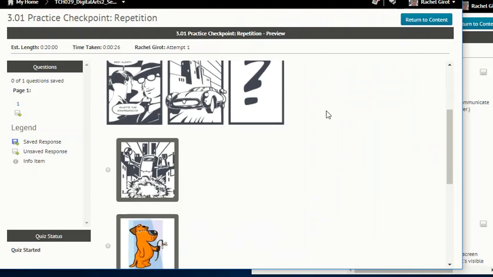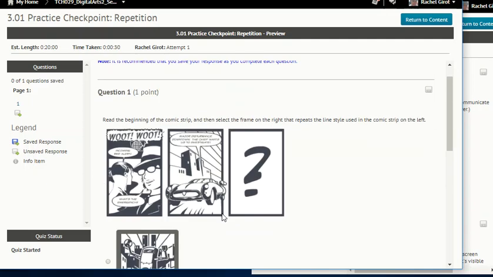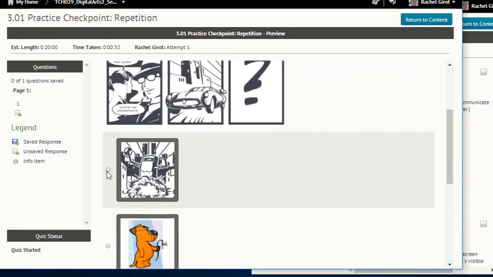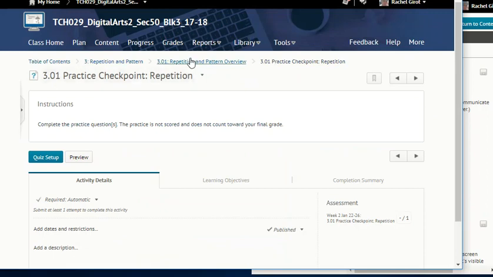Oh, I see. Okay, so which one of these would be a repetition of the line style used there? That's pretty obvious. That was super easy. I bet you guys could do all of those checkpoints by yourself.